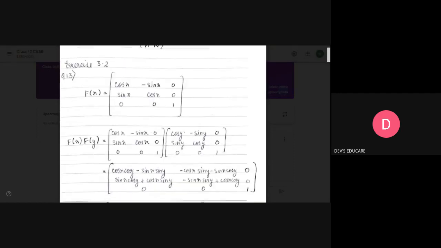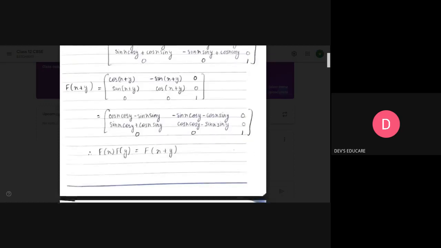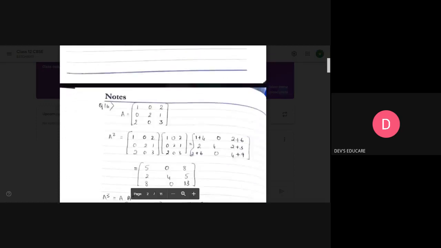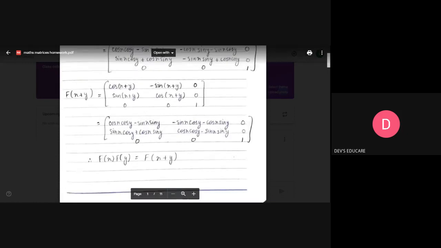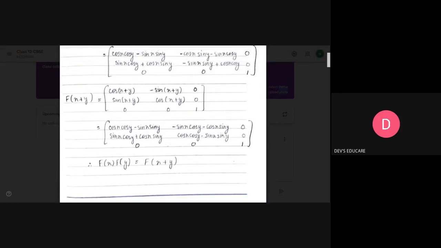Matrix and determinant, question 13. Question 13 is an important question, right? Yes, sir. See what we do, you have missed a step. You need to write cos A cos B minus sin A sin B is cos(x+y). So better you write one more step: cos(x+y) minus common sin(x+y), and sin(x+y) and cos(x+y). No need to take a shortcut here because this is the key step.